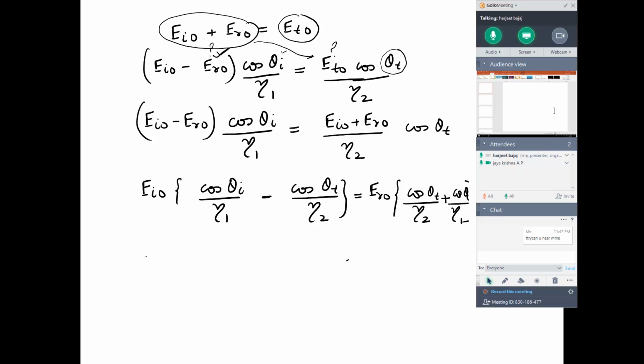So it's telling me Eᵣ₀ by Eᵢ₀, r, which would be the reflection coefficient, just arrange these terms around.